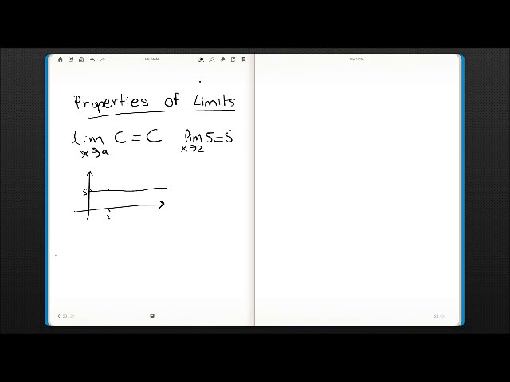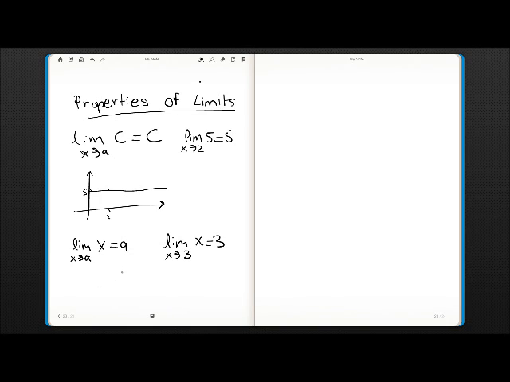Another limit that is pretty basic, which you might have already used without realizing, is the limit as x approaches a of x equals a. Like I said, the example would be the limit as x approaches 3 of x equals 3.